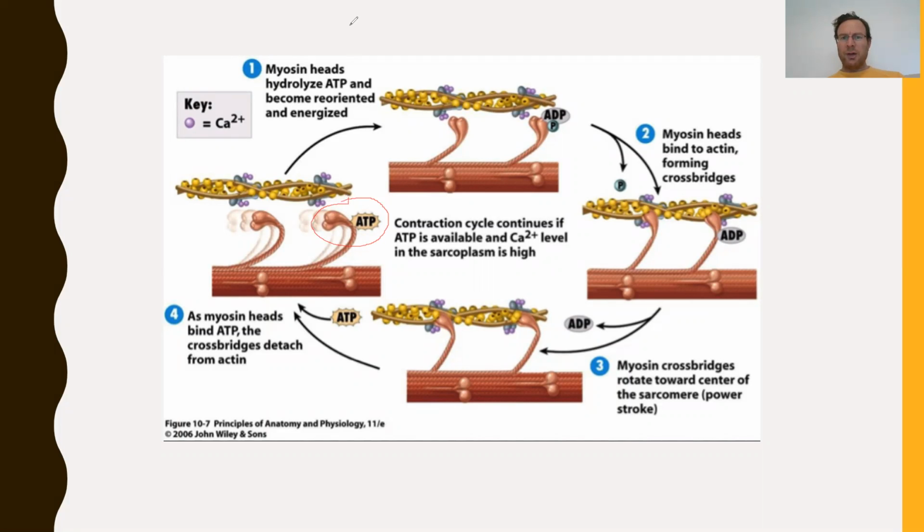To do that, you need the ATP clipped on, and obviously we need to lose that phosphate molecule. That releases the energy and it gets transferred onto that little head, that little oar. So that's basically where energy gets used. We'll leave that one there.